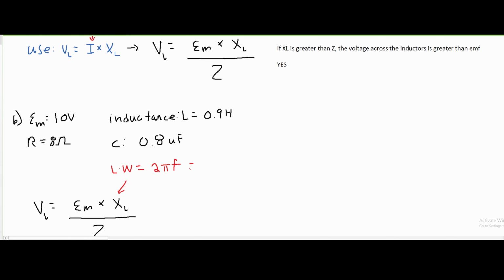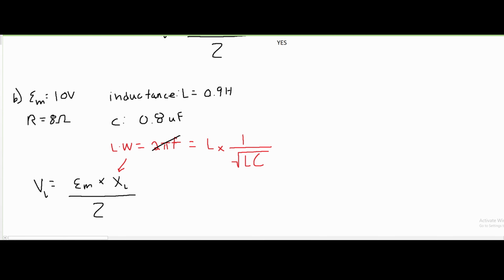So this also equals L times omega, and omega can also be written as 1 over the square root of LC. This is another way to write this. Since we can't use the formula here, we can X this out, and we can't use this, we'll X this out, and we are just going to have to use this.